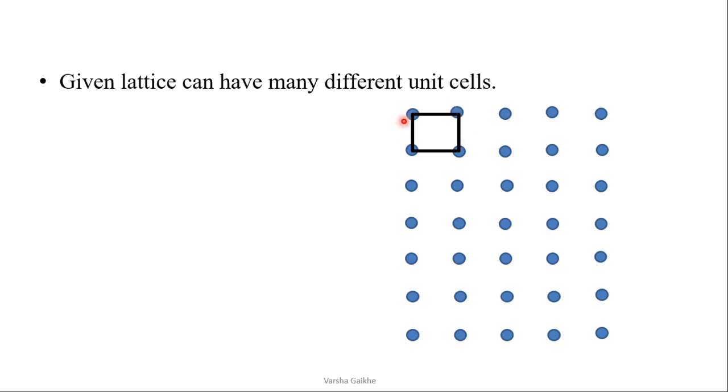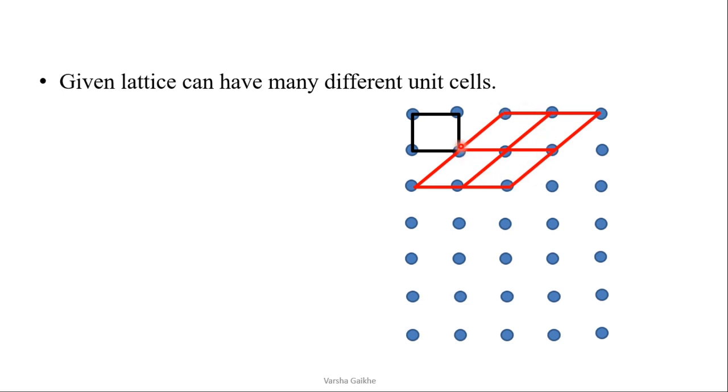In addition to this square unit cell, we can generate one more unit cell in the same lattice. So, here I have generated a parallelogram in a red color. We can call this red entity a unit cell because if we repeat this parallelogram through the lattice translation, we will get the entire lattice or crystal.